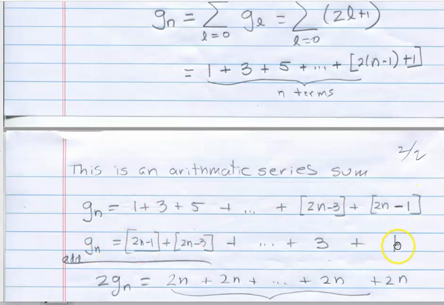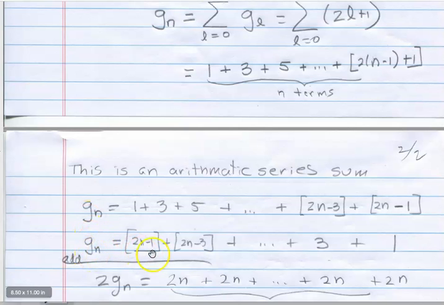And then I can rewrite that right below it here, and I just go in the opposite direction. So I write it in the opposite order. It doesn't matter what order you sum numbers. So I'll go 1, 3, 5, this 2 I write here, and finally go to 2n minus 1. So I add them up in the reverse order and rewrite that.